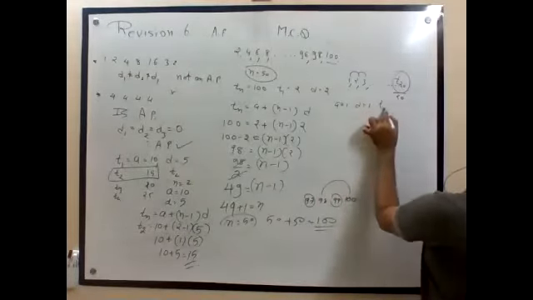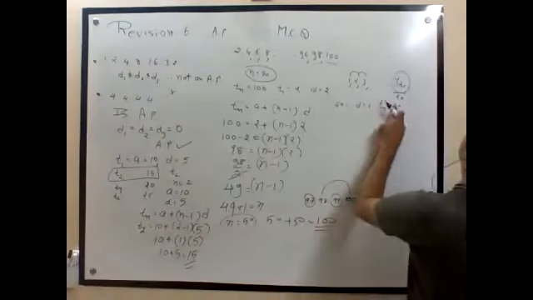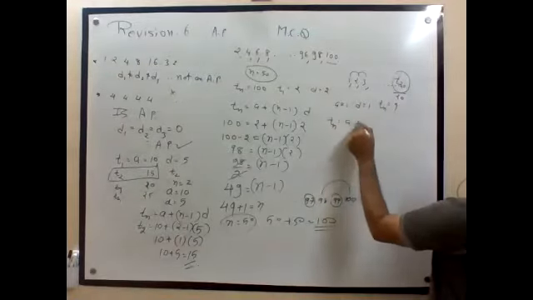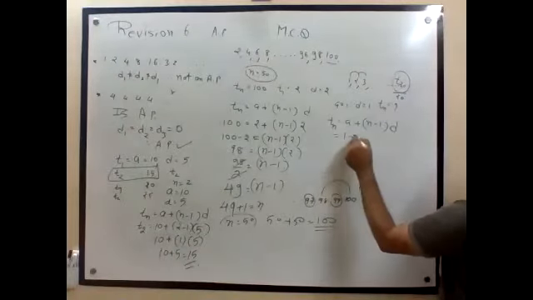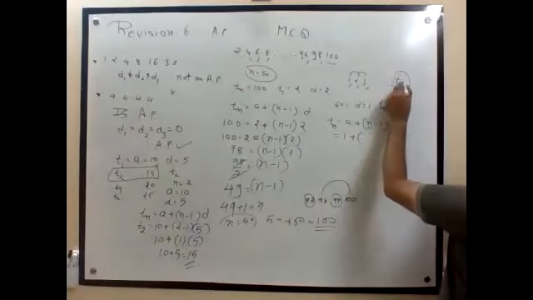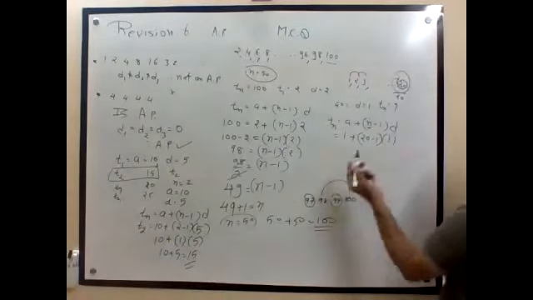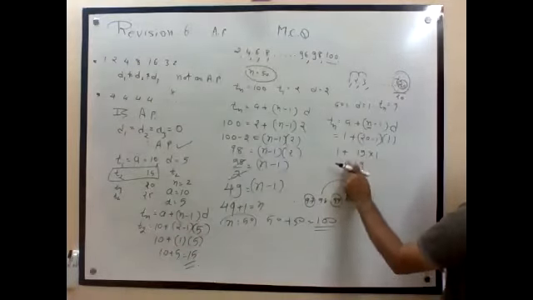Tn is the question. So Tn is equal to A plus n minus 1 D. A is 1. We want the 20th term, so 20 minus 1. Difference is 1. 1 plus 19 into 1. 19 plus 1.